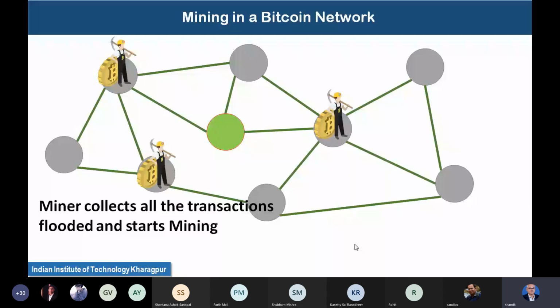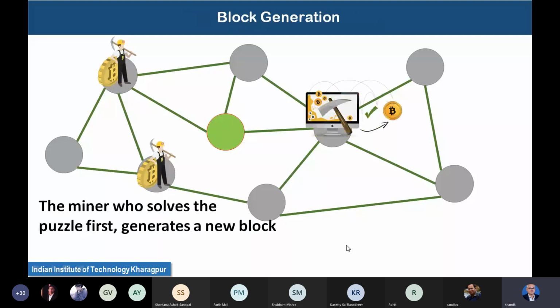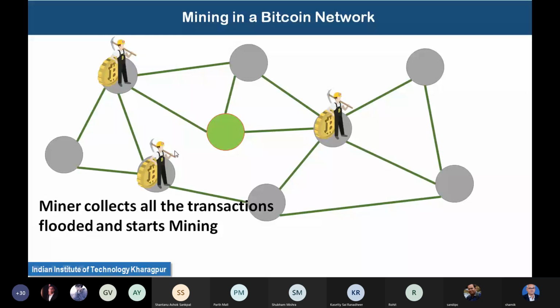So we have all these different miners, and what they are doing is trying to include those transactions in a block, and each can have a different view of the set of transactions. At this point, all of them have the immediate previous block.